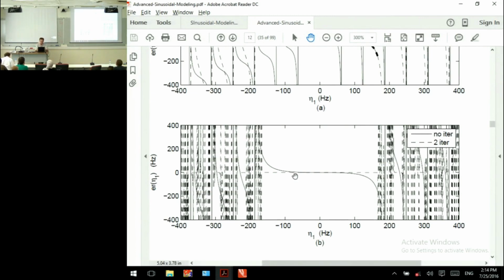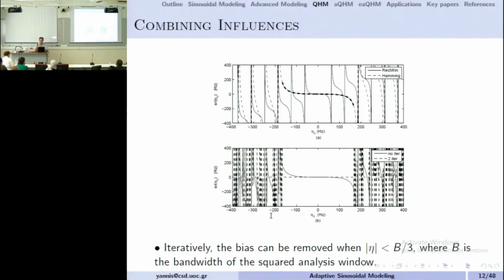So then you can see now, without iteration, the Hamming window is the dashed line that we had above. With two iterations, we can also have good results in this area, like minus 150 hertz. In short, we can show that you can correct a mistake if it is within 1/3 of the bandwidth of your window.